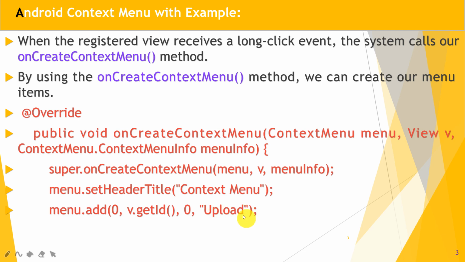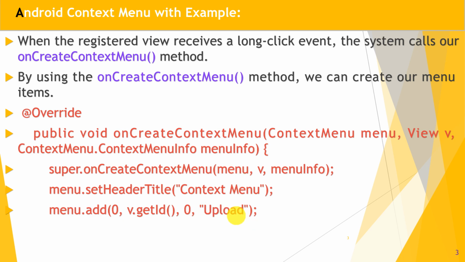So add the respective menu items into the menu using the add method, where 0 is the row number, 0 the column number, and we put the menu item as a string here.